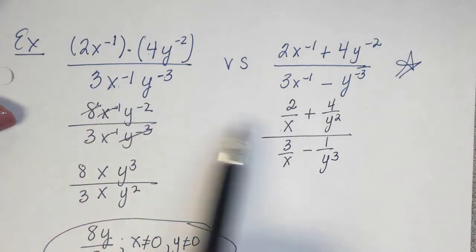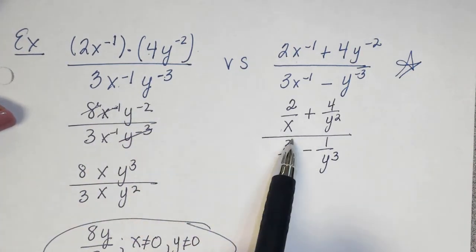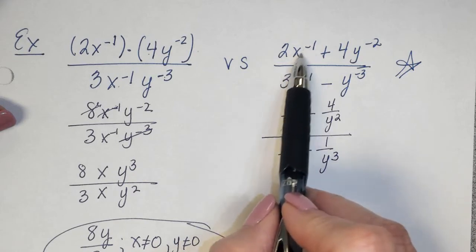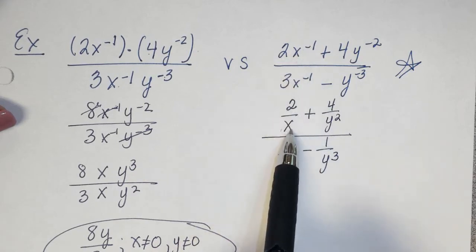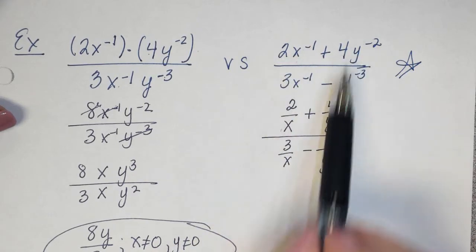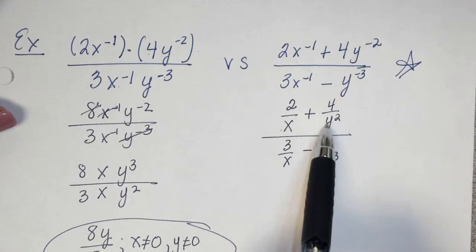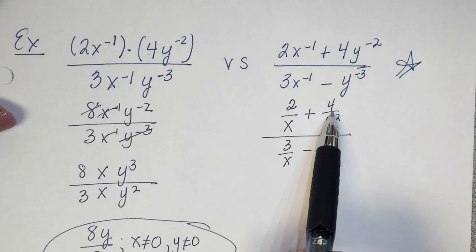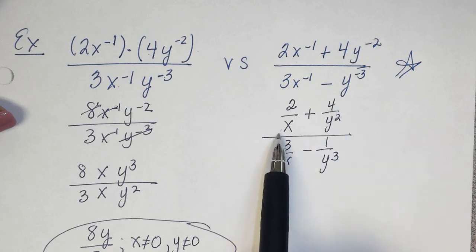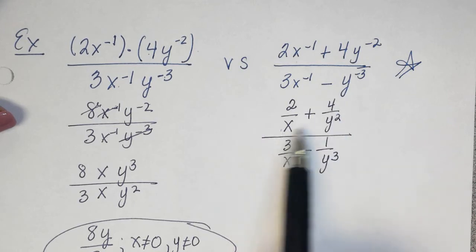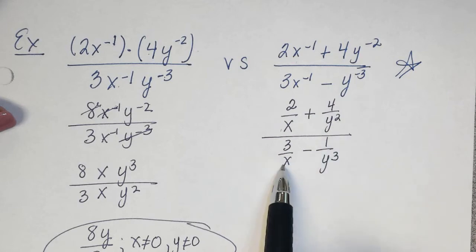That's a huge difference, isn't it, in that first step? Because this has to be the denominator of the numerator. Same thing here. This 4 stays where it is, but the y to the -2 has to be a denominator of the 4.